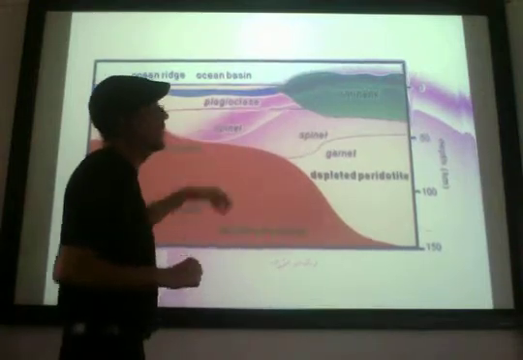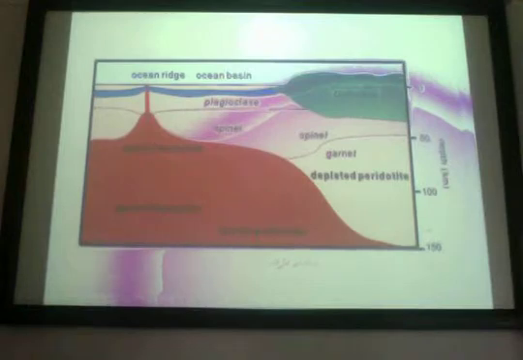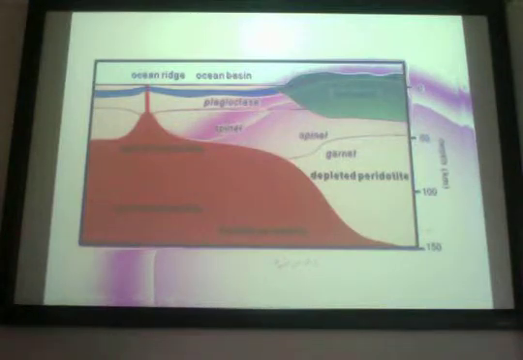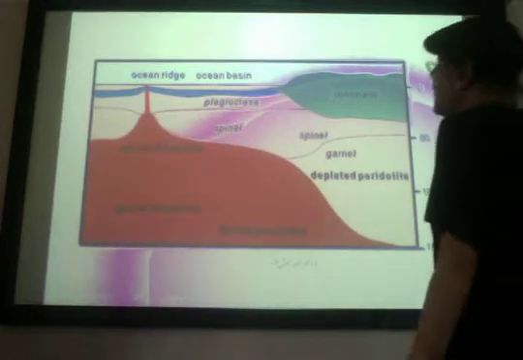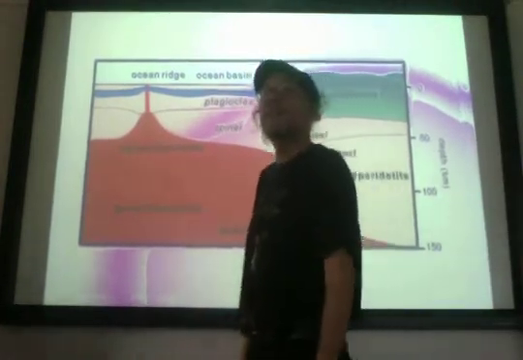But beneath you are the first lherzolites which you are finding. These are the low pressure lherzolites, the plagioclase lherzolites, yeah? So beneath this plagioclase lherzolite, you will find the next step, and these are the lherzolites which you can find in the crust. These are the spinel lherzolites, yeah?